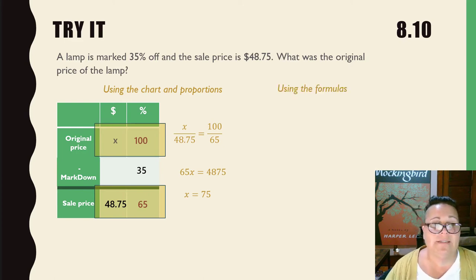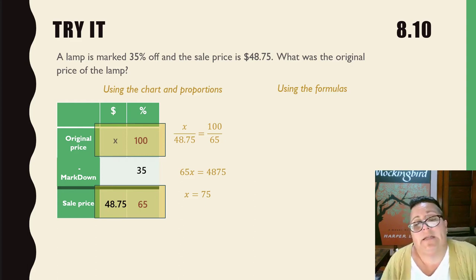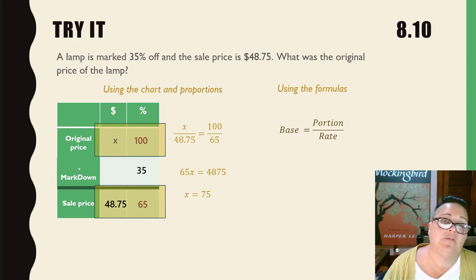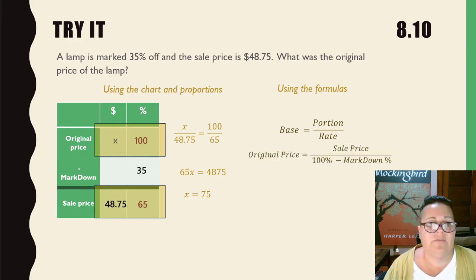Using the formulas, this time around, what we're looking for is the base because we're looking for the 100%. So we will have base is equal to portion over rate, where portion in this case is the sale price and the rate is the complement of the markdown.